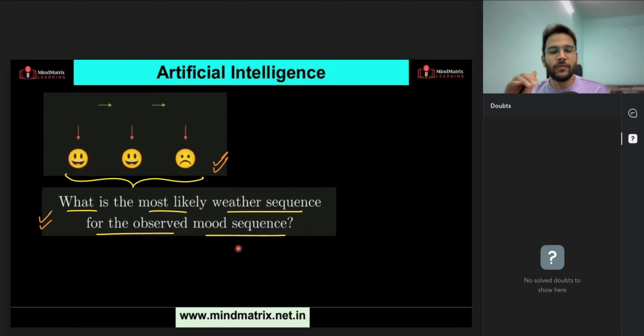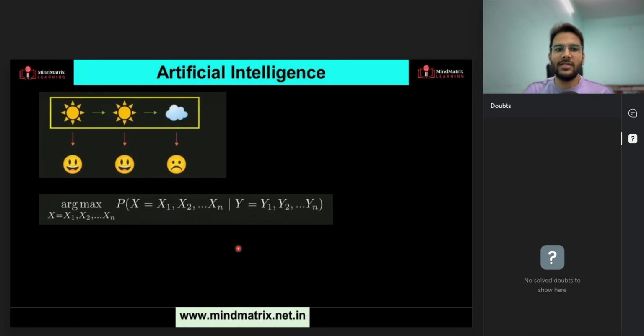For every such sequence, let's say for the 27 sequences we have, you can find the joint distribution. And whichever is giving you the maximum probability is going to be the most likely weather sequence for this given mood sequence. I hope that is clear to all of you. So how can we represent it? This is what we need to find out.